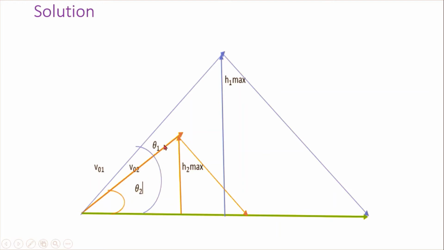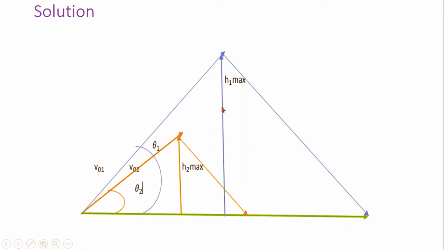Every line drawn in orange is associated with the motion of projectile 2, and every line drawn in blue is associated with the motion of projectile 1. Here, the green line at the bottom indicates the ground level.